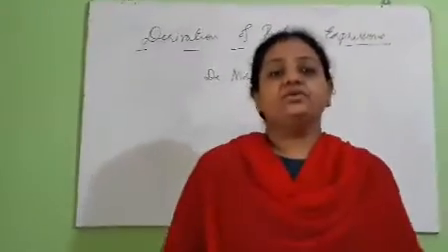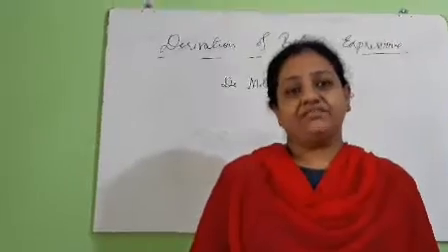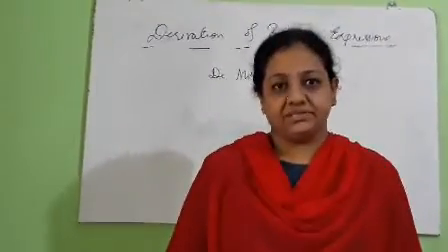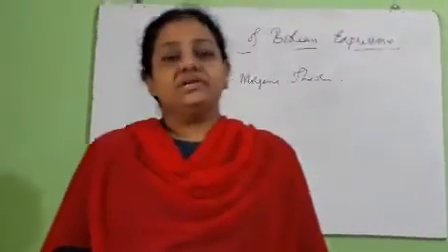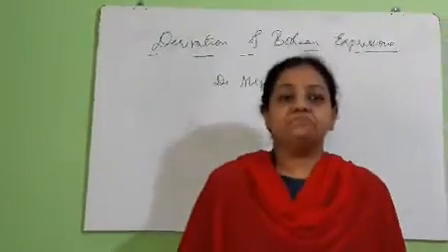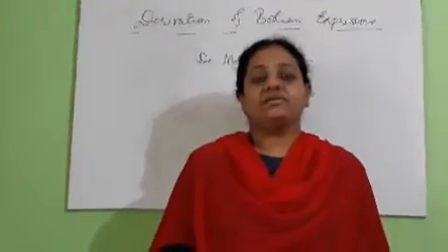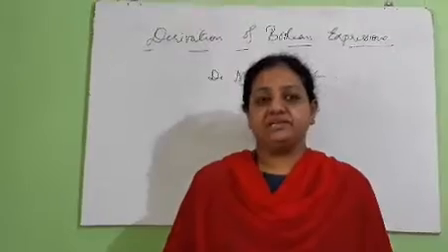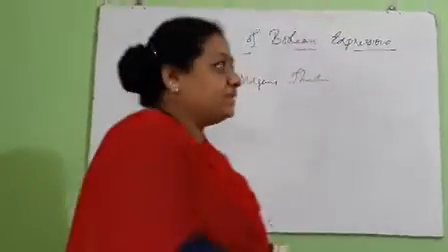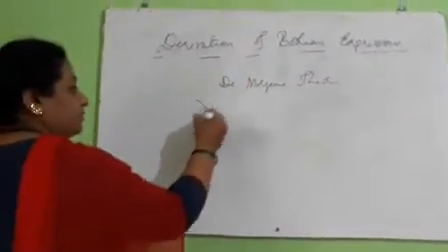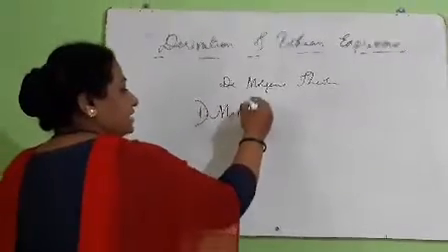Let's know how we can derive a Boolean expression. In Boolean algebra, there are two important terms or expressions which we will be learning. The first one is the min term and the other is the max term.